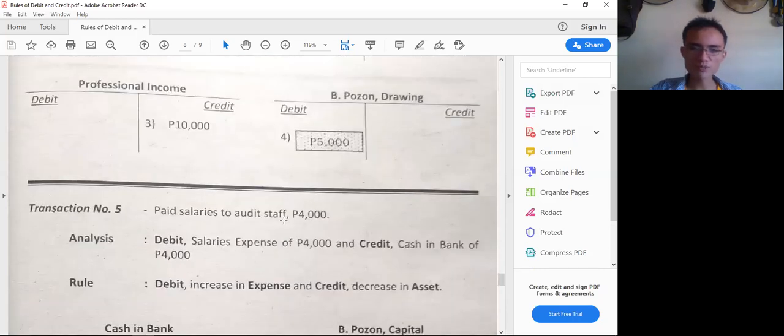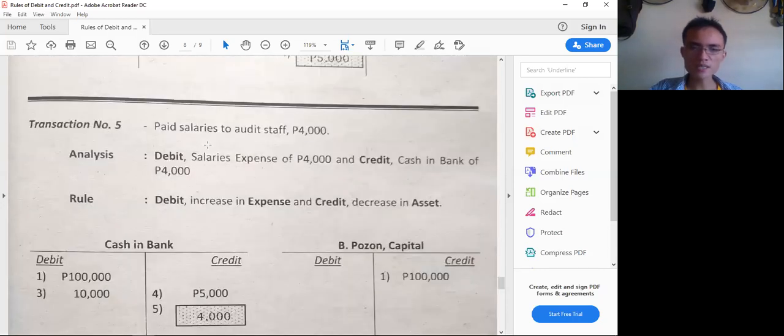Next is transaction number 5. Paid salaries to audit staff of 4,000 pesos. Now, we assume again that the business paid salaries to audit staff of 4,000. And that's why we are going to debit salaries expense and credit what did we use to pay? What do we have to let go to pay salaries? We credit cash in bank.